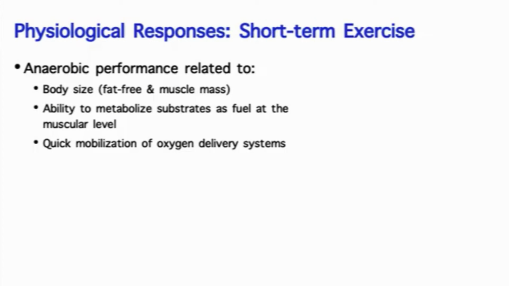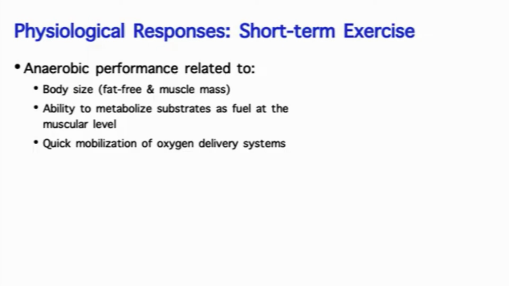We also have the ability to metabolize substrates as fuel at the muscular level. So again, more muscle fibers are available to metabolize any available glucose, and the more muscle tissue we have, the more glycogen we can store. So the more glycogen we have, the more we can convert to glucose, thus the more we can utilize that glucose. So it all goes together.